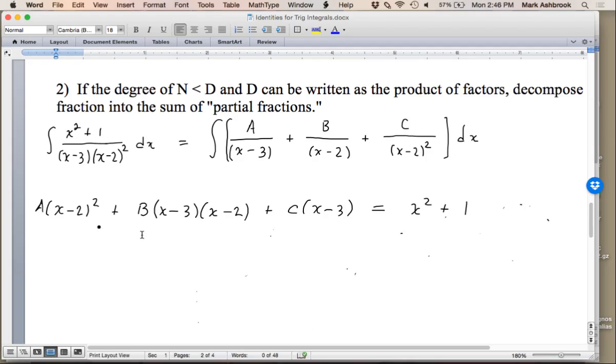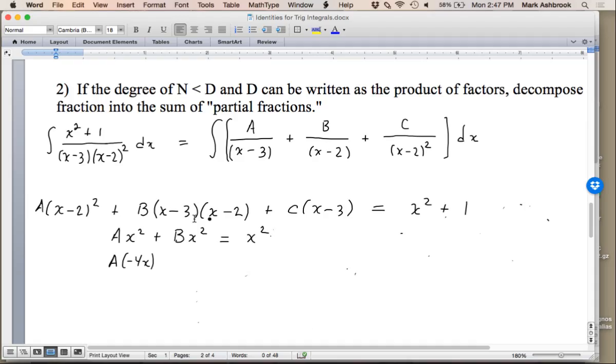Okay, so now we're going to gather x squareds, we're going to gather x's, and we're going to gather the constant terms. So what about x squareds? We're going to have ax squared, and we're going to have bx squared. I'm just going to do them by powers of x here. Any other x squareds? No. And that has to equal 1x squared. All right, now powers of x. So here we're going to have minus 4x. Do you see that? So a times minus 4x.